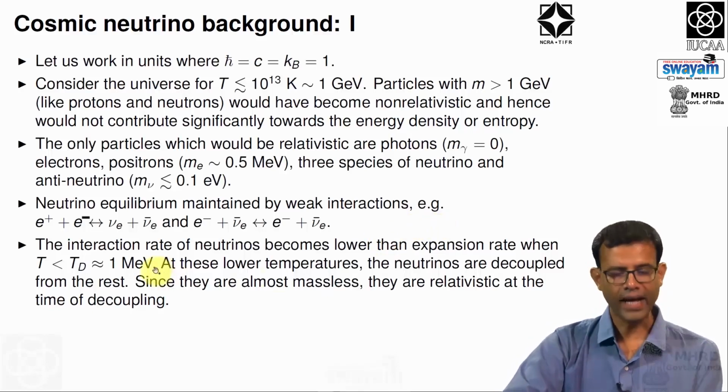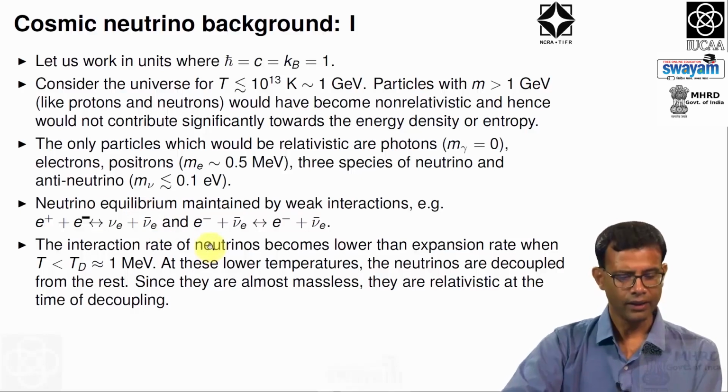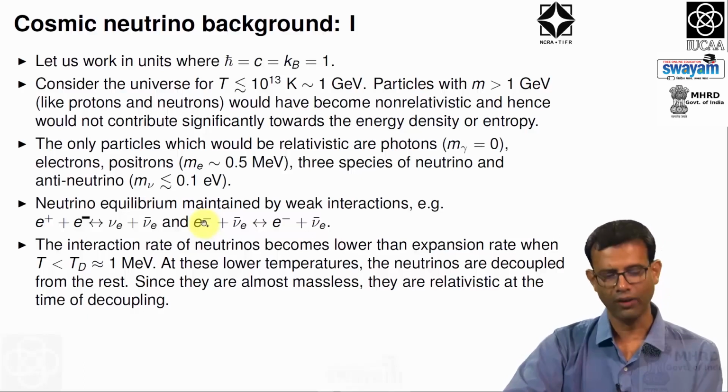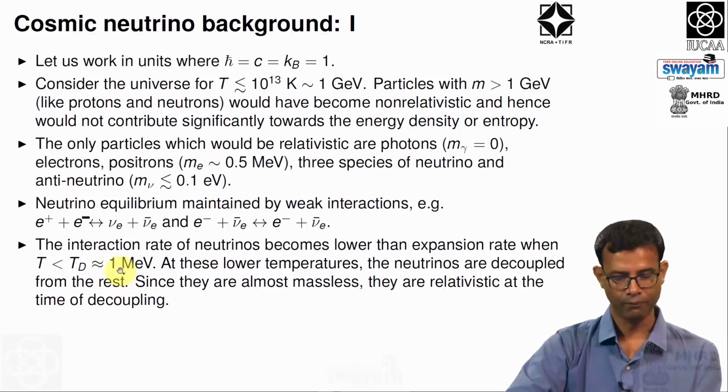For that, you have to know the interaction rates of these interactions. If you have some idea about weak interaction rates, you can work this out. It turns out that this interaction rate will become negligible at temperatures of MeV.